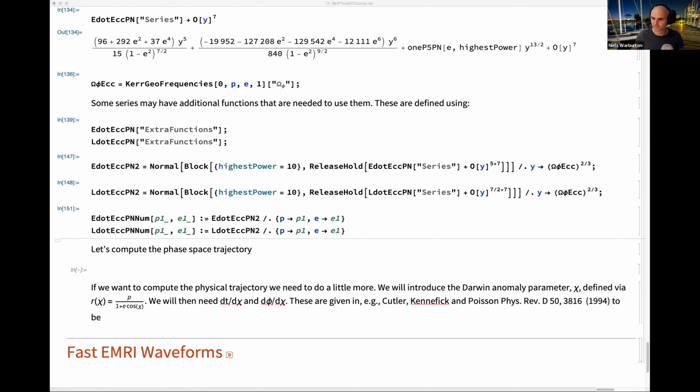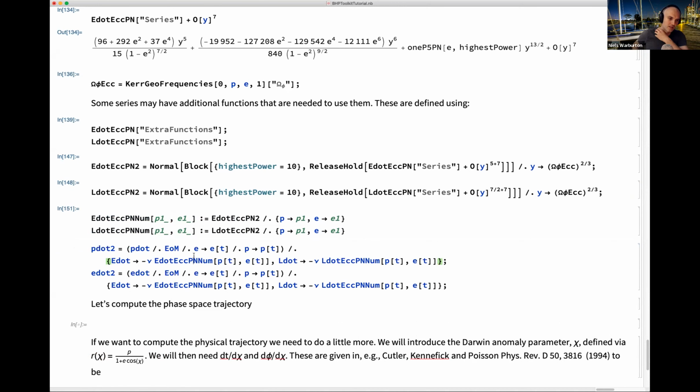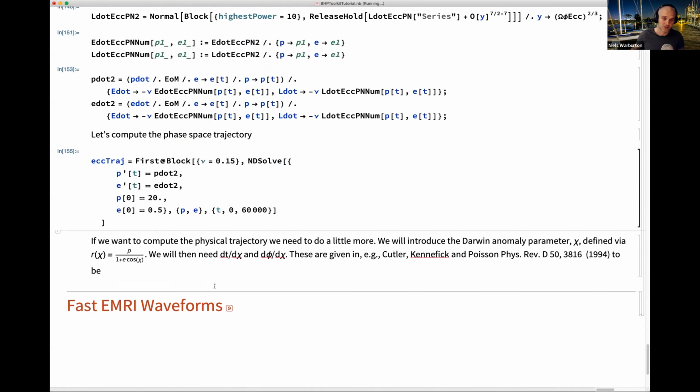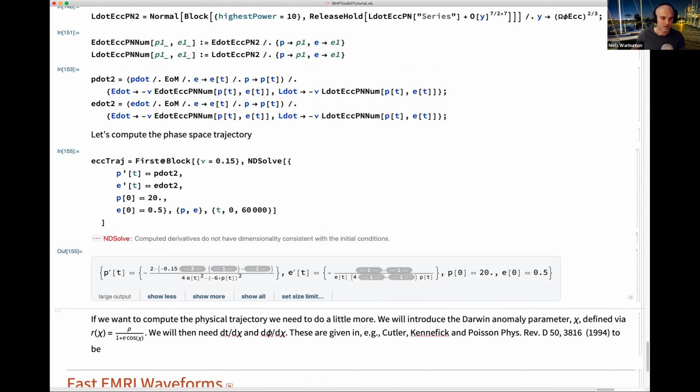Okay. In the interest of time, as I would like to just have a few minutes on the other package as well, I'm just going to cut and paste this in. These are just the equations of motion. And this then should give the phase space trajectory, so the evolution of p and e through the space. Obviously not consistent with these initial conditions.